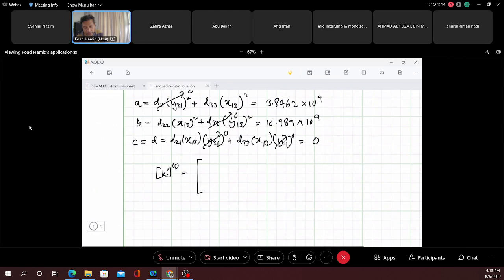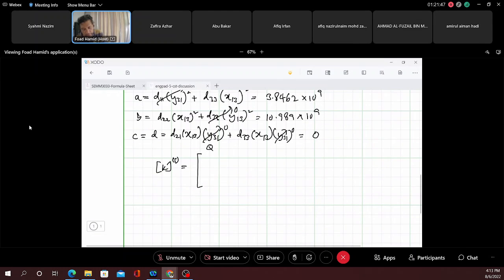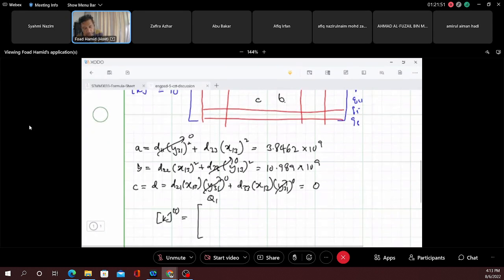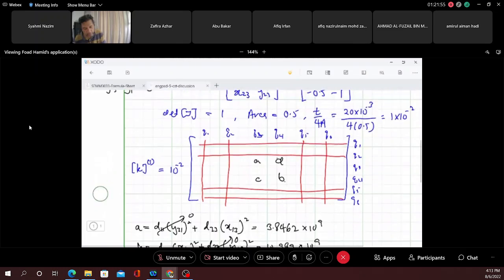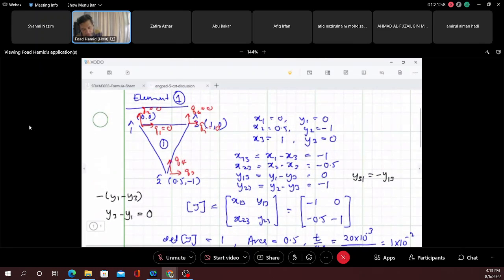So in this case, this is our Q3 and our Q4 based on our nodal connectivity table.